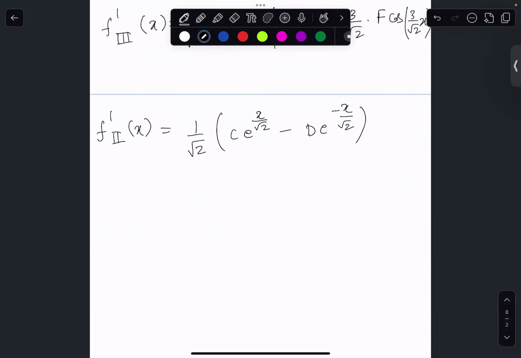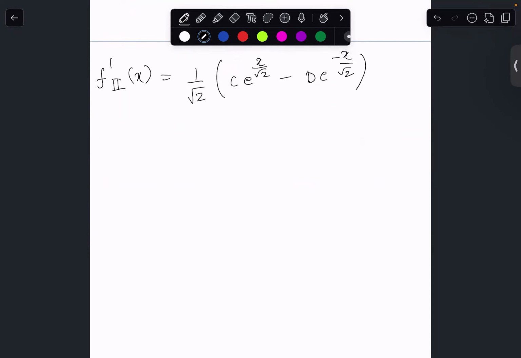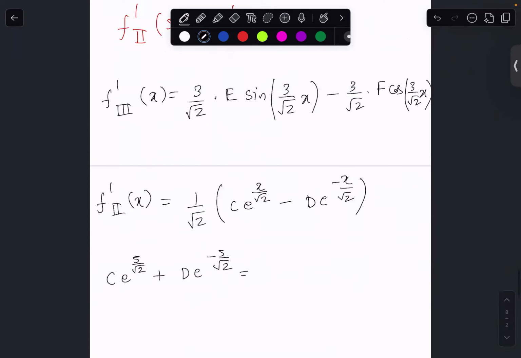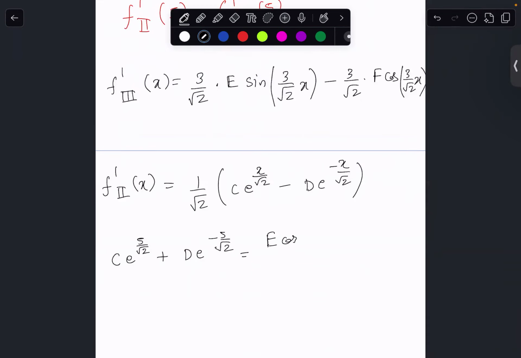We'll just get the solutions of E and F in terms of C and D, and then substitute C and D later to get the entire constant value of E and F. So we have c e to the power 5 upon square root of 2 plus d e to the power minus 5 upon square root of 2 equals e cos of 3 upon square root of 2 x. Sorry, at 5, right? So this should be multiplied by 5, plus f sine of 3 upon square root of 2 times 5.